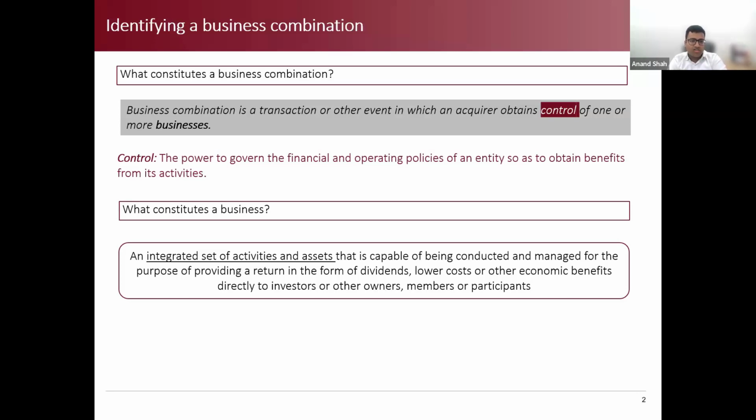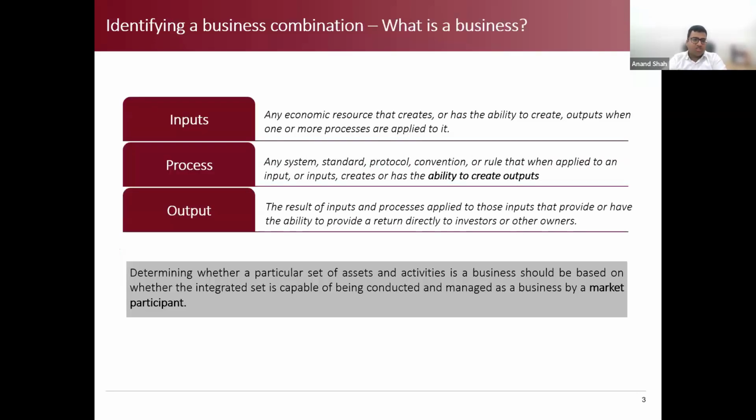By definition, it gets a little complicated. It's an integrated set of activities and assets that is capable of being conducted and managed for the purpose of providing a return in the form of dividends, lower costs, or other economic benefits. However, to simplify it, it's essentially a combination of three units: input, process, and output.